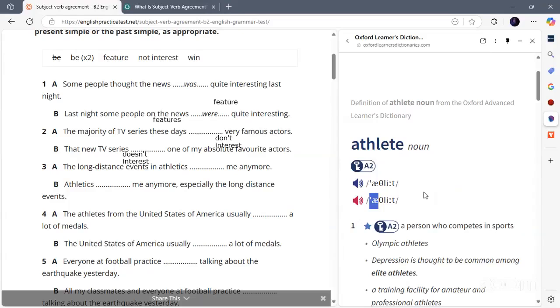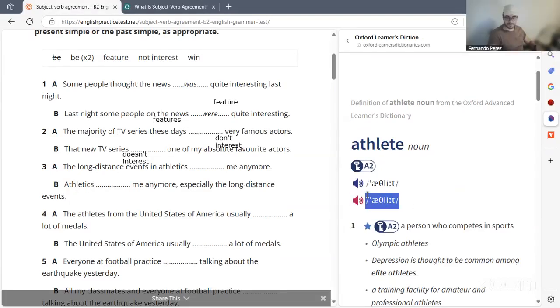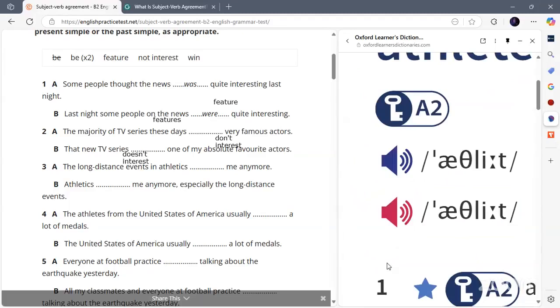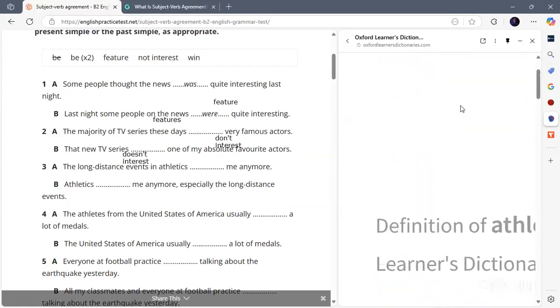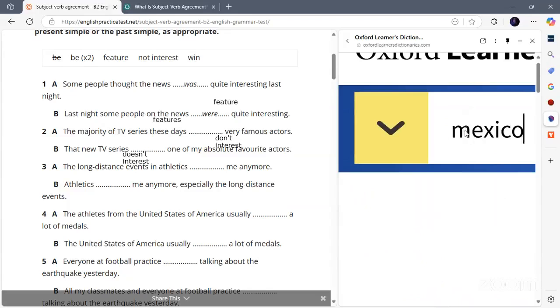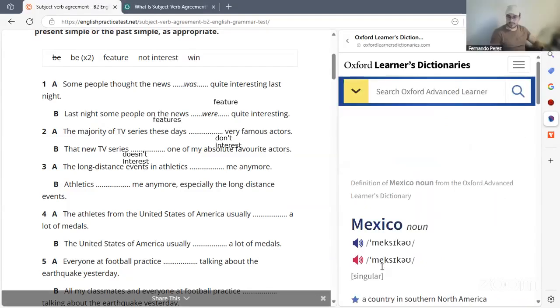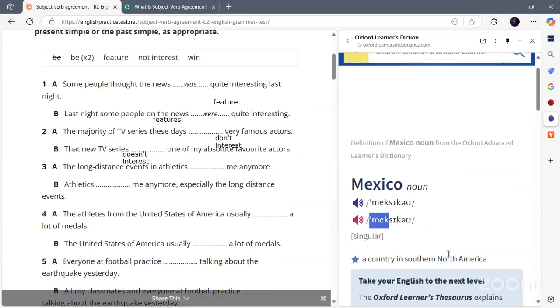Have I told you how to detect the strong syllable? No. Okay, every time you see these symbols, the apostrophe, correct. The syllable right next to the apostrophe is a strong one. So this would be athlete. Look at the word Mexico. You're going to see the apostrophe right before Mec. Mexico.